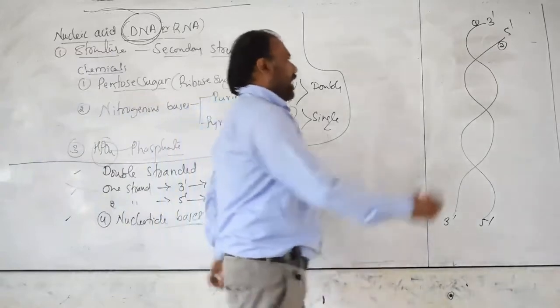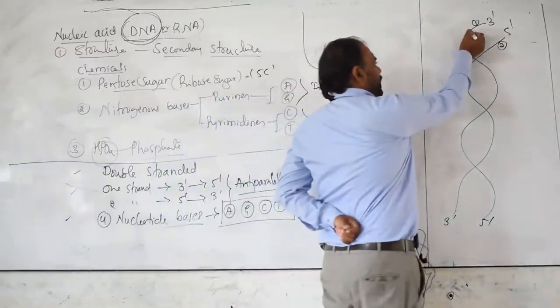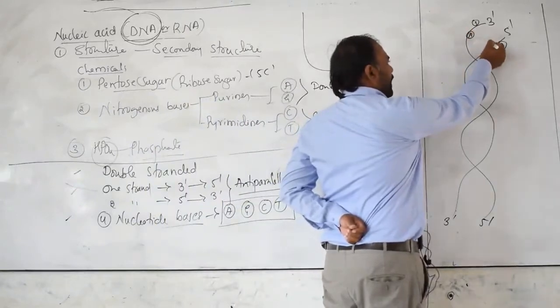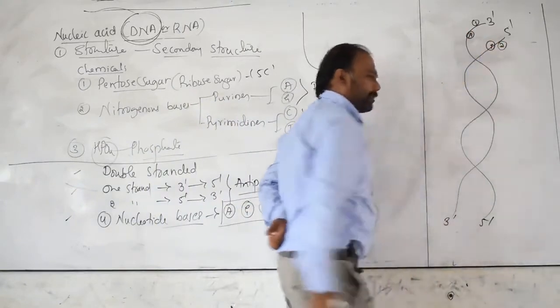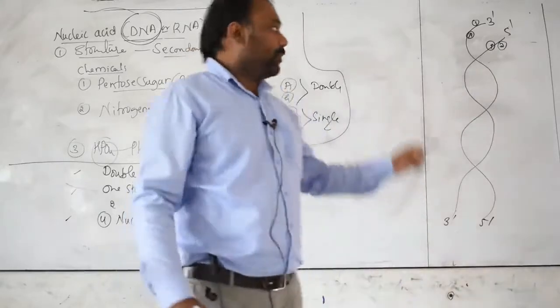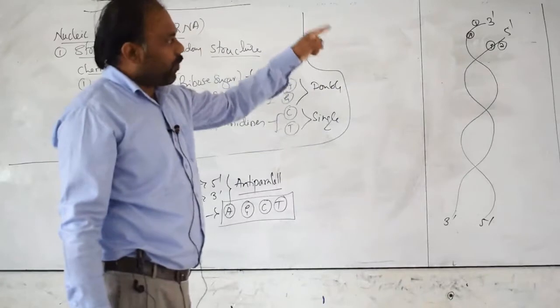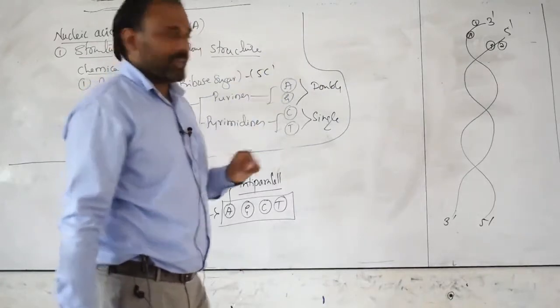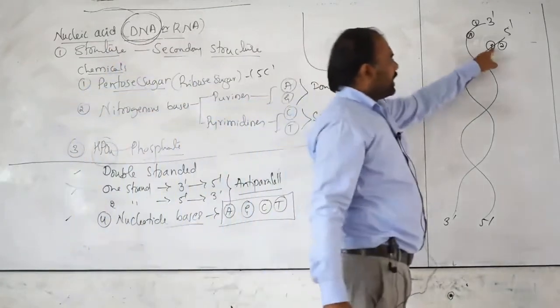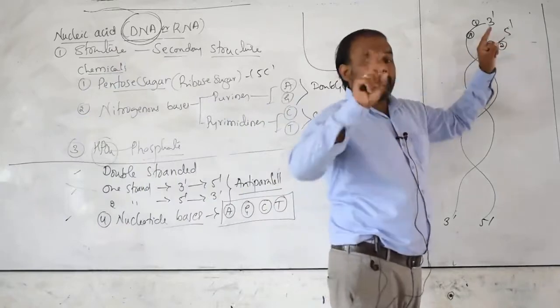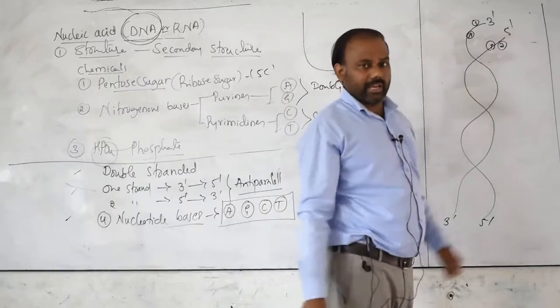If there is an adenylic acid in one strand, the opposite strand will have thymine. Very important sentence. So A, or adenylic acid, is present in one strand, in the 3' end, while thymidylic acid or deoxythymidylic acid is present in the opposite strand, in the 5' end.